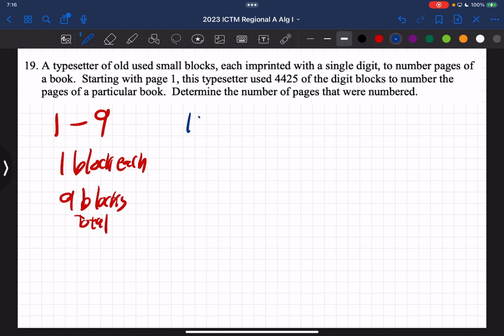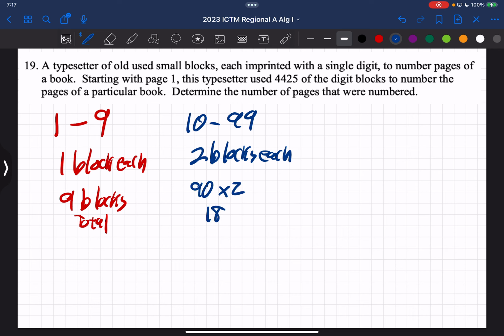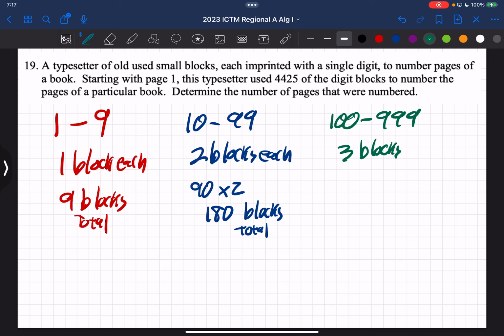So now we'll go to the 2 digits. So we have 2 blocks each. Now from 10 to 99, we're peeling off the 1 through 9. So that means it's 90 times 2 is 180 blocks total. That's 100 to 999. This is 3 blocks each.